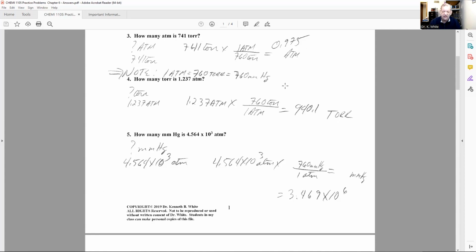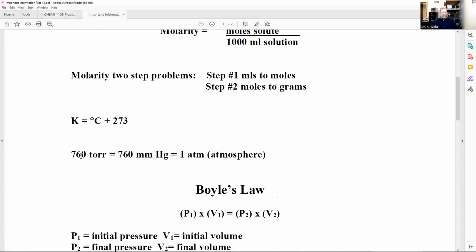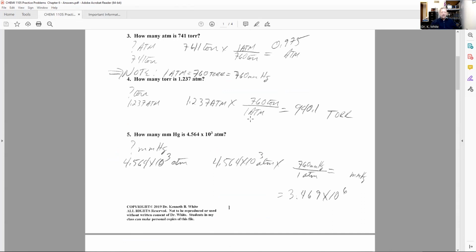Whatever you're trying to get to goes on top of the ratio. Whatever we're trying to get rid of goes underneath. Where do we get these numbers? Important information, right here, outlined in blue. Anyways, 760 torr equals 1 atmosphere. 760 torr per 1 atmosphere.